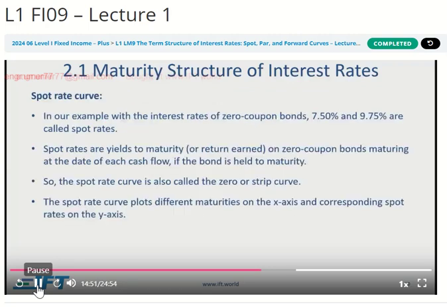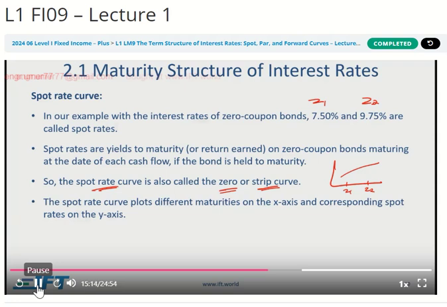Okay, so coming back to the spot rate, what did we say? That Z1 is 7.5, Z2 is 9.75, and therefore what we have is this spot rate curve that can be made using these types of rates, and that's also called the zero or the strip curve because you're using zero coupon bonds.